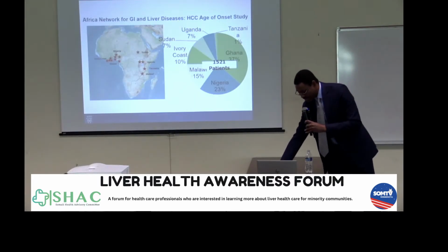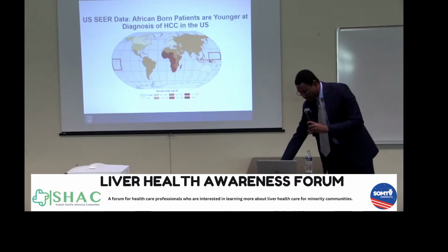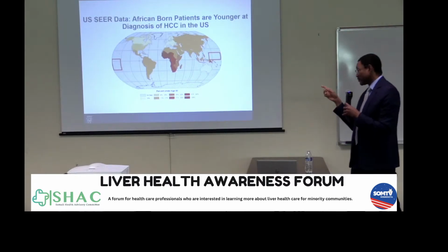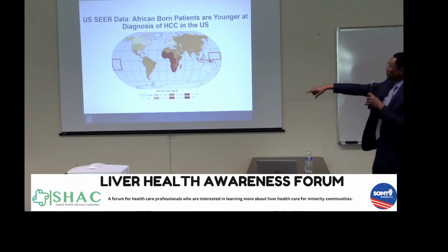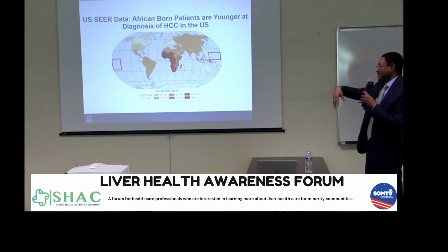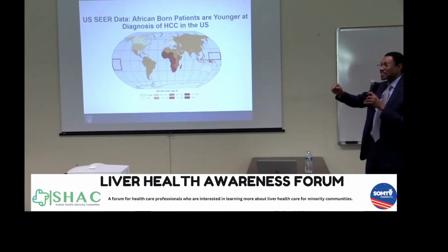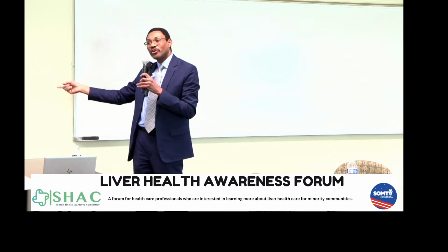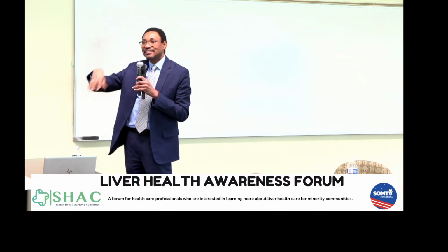I think Dr. Lionel talked about the early age of onset of liver cancer. These are just studies that we did that show that. This is an important one because it carries the idea that this is people who are diagnosed with liver cancer in the United States. This is looking at the age at which they were diagnosed, and the age tracks with where they were born, or the country from which they immigrated to the United States.